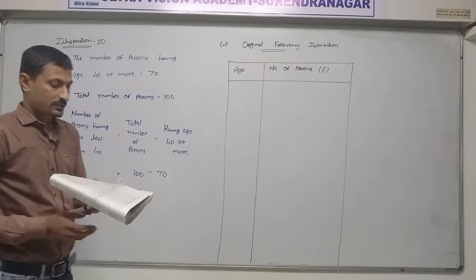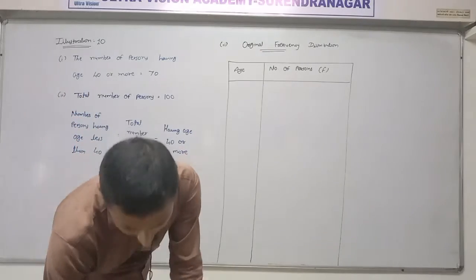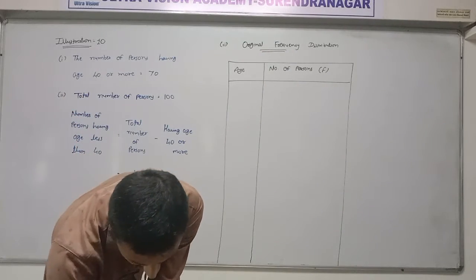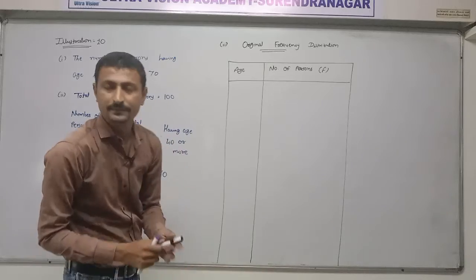Okay, so check your question. The minimum age is 25 and the maximum is 70.